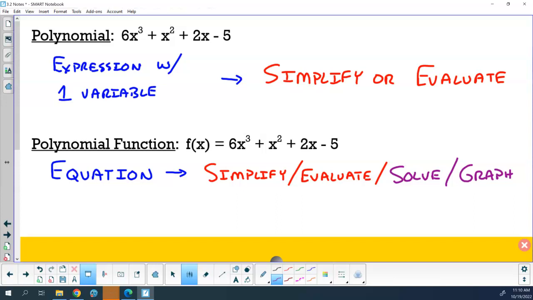I can compare it to another polynomial function. I can do all of that stuff with it now that it's written in polynomial function notation. Okay? There is a difference. Expression versus equation. Simplify, evaluate. I could also say up here, we can add, subtract, multiply, and divide different polynomials.